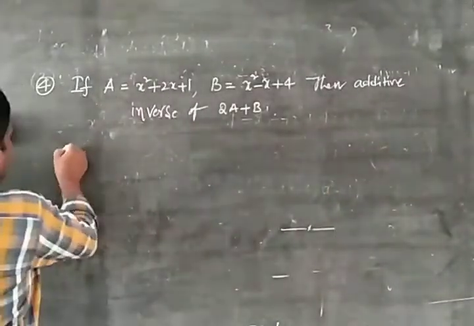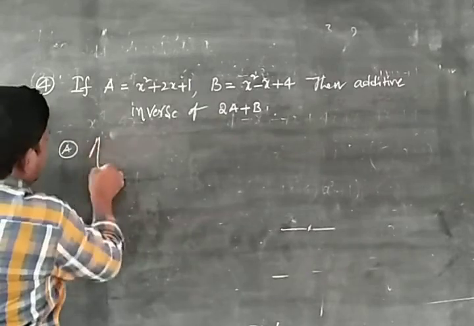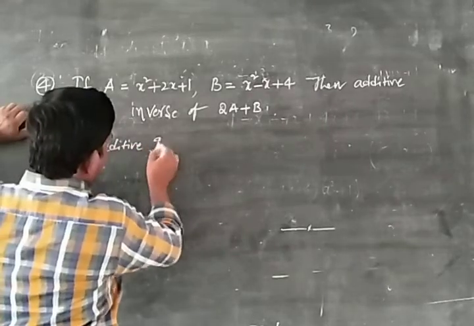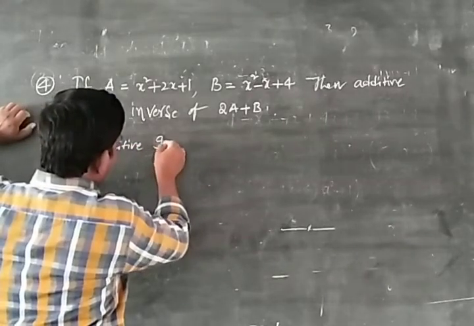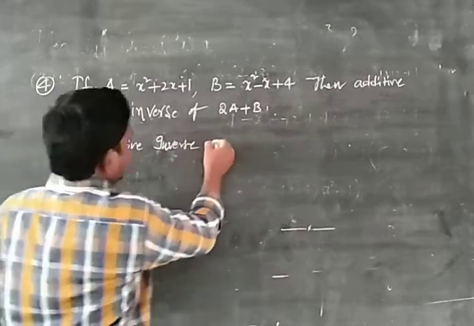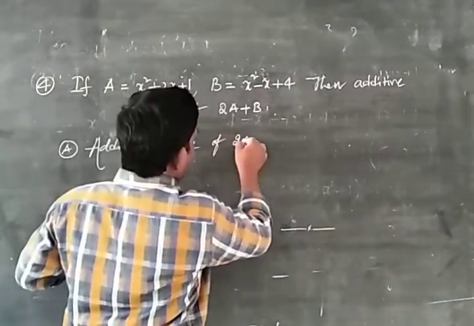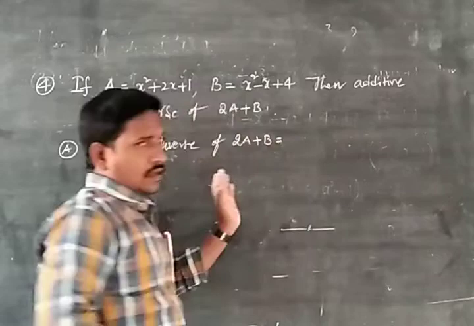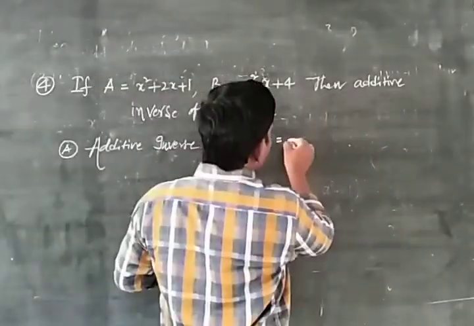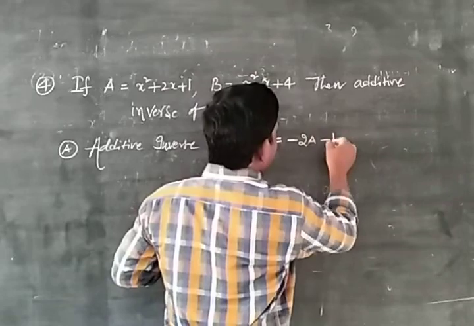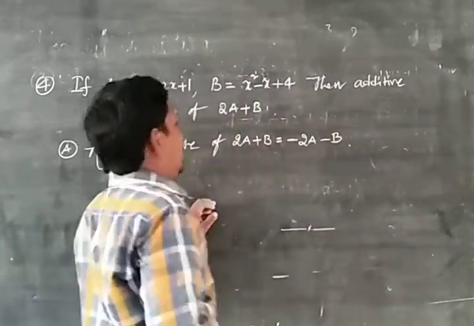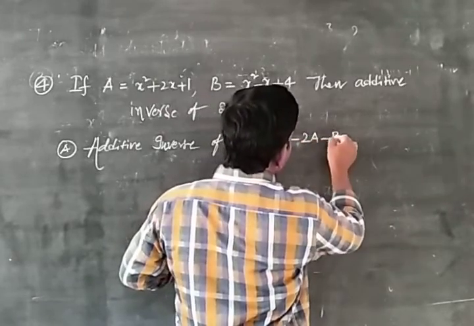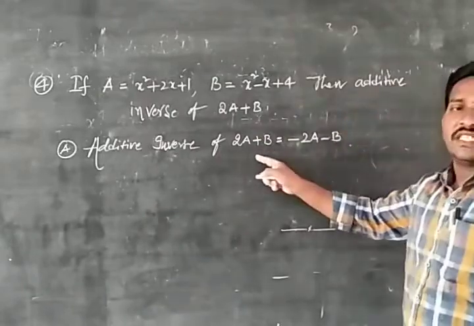Now we have to take the additive inverse. The additive inverse of 2a plus b: additive inverse means we have to take minus, so minus 2a minus b is the additive inverse of 2a plus b.